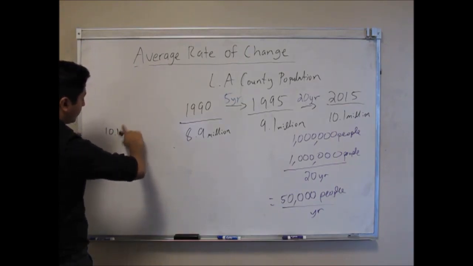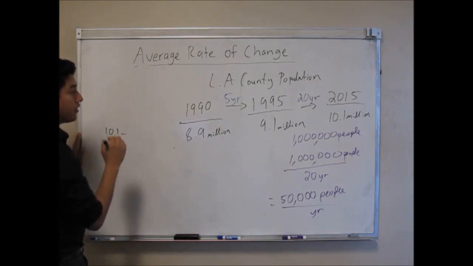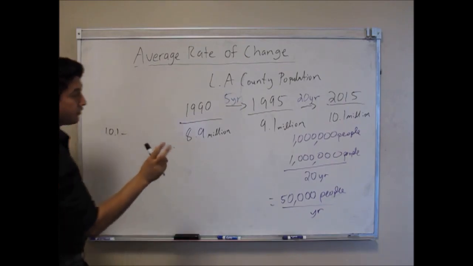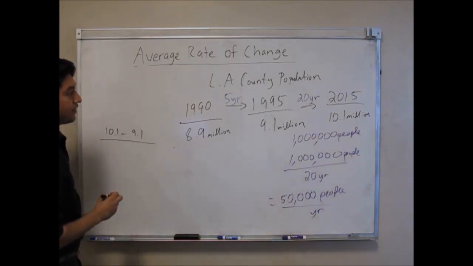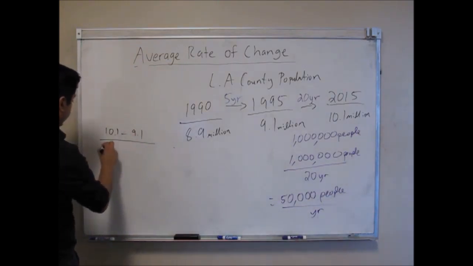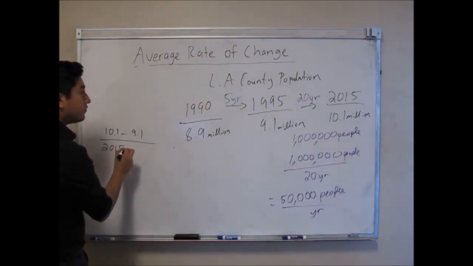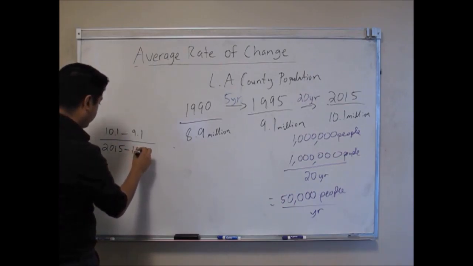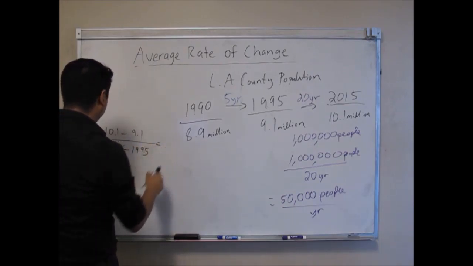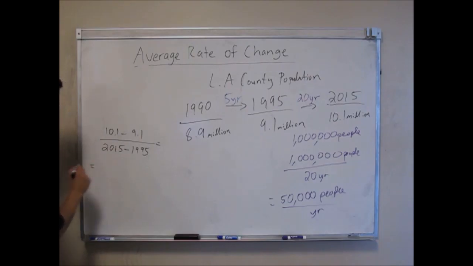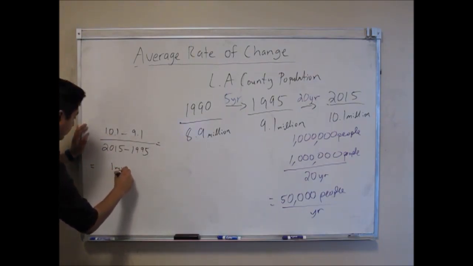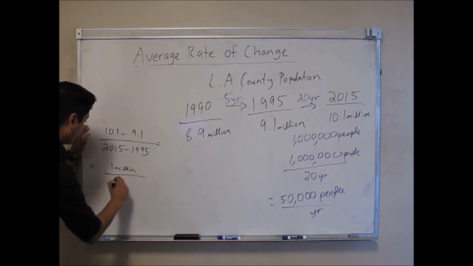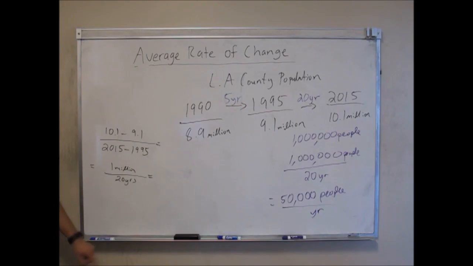I'm going to exclude the units for now. If we take the difference between the populations and divide that by the difference of the years, we get 1 million over 20 years, which is the same thing that we got over there.